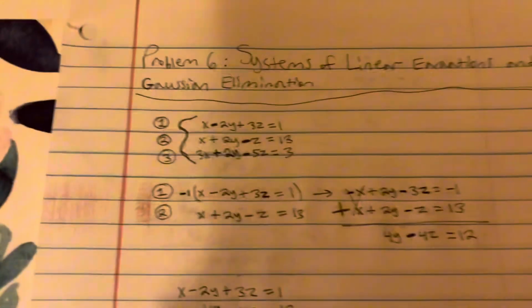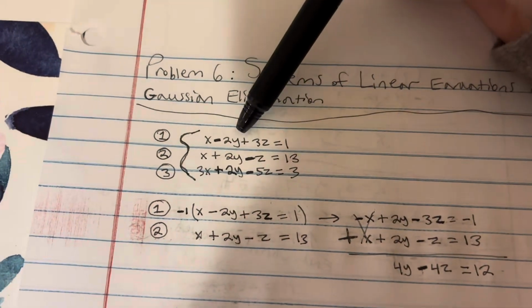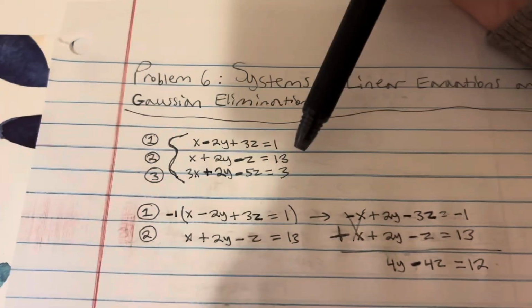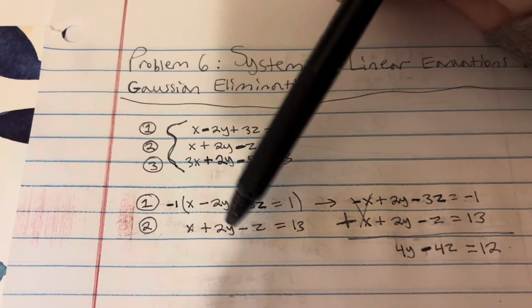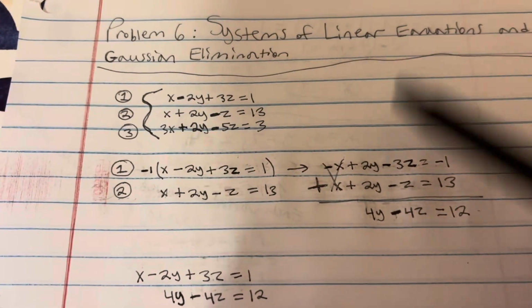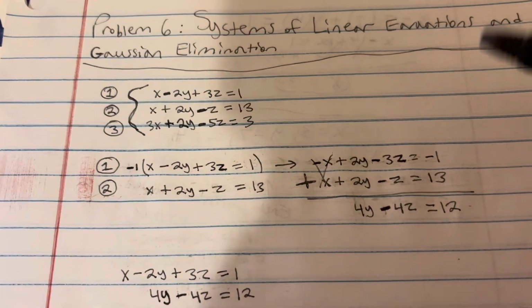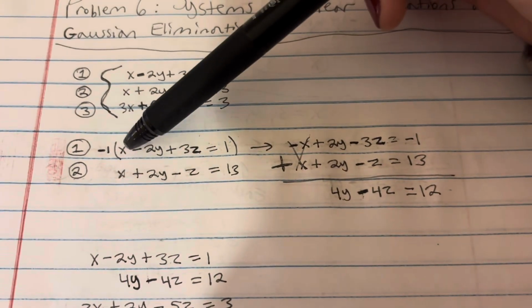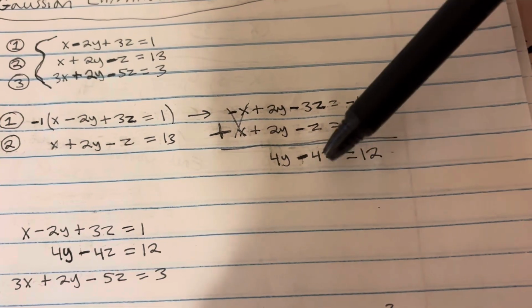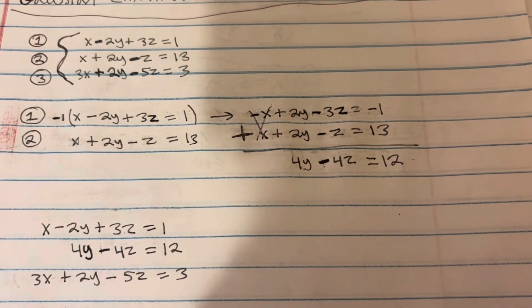So basically here we have this problem, and I labeled each row 1, 2, 3. We're going to use 1 and 2 so that we can eliminate this x in the row 2 equation. So we multiply row 1 by negative 1, and we cancel out the x and do all the math. We get 4y minus 4z equals 12.